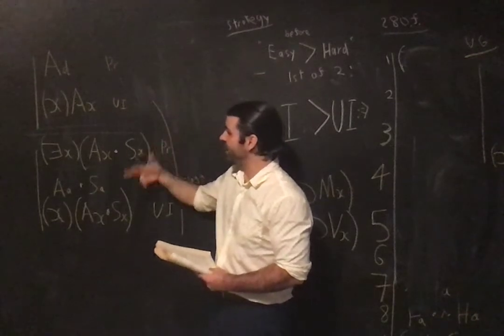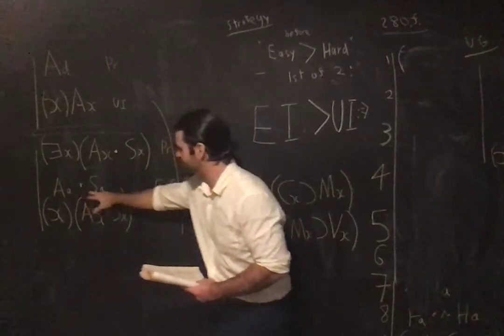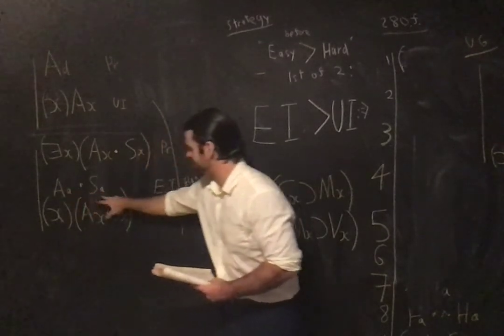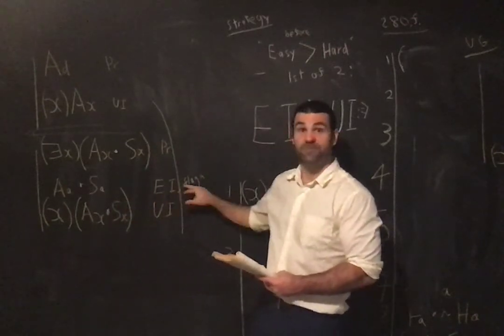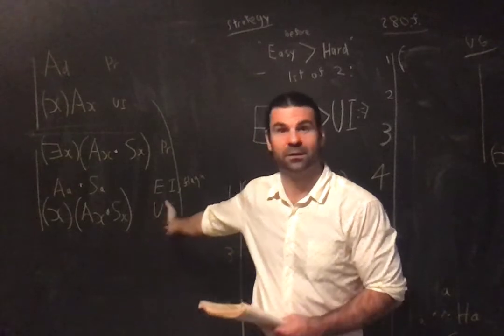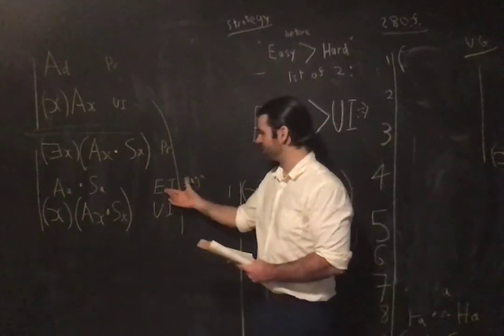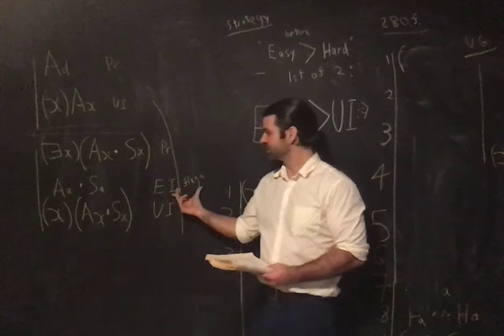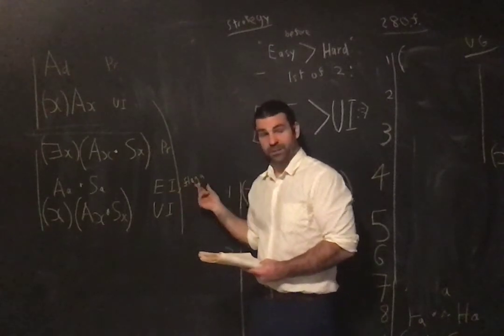Now I try to do an existential instantiation, and I do A and S, EI, flag A, oh, I've broken the rule for flagging, I've broken the first rule of flagged instances.